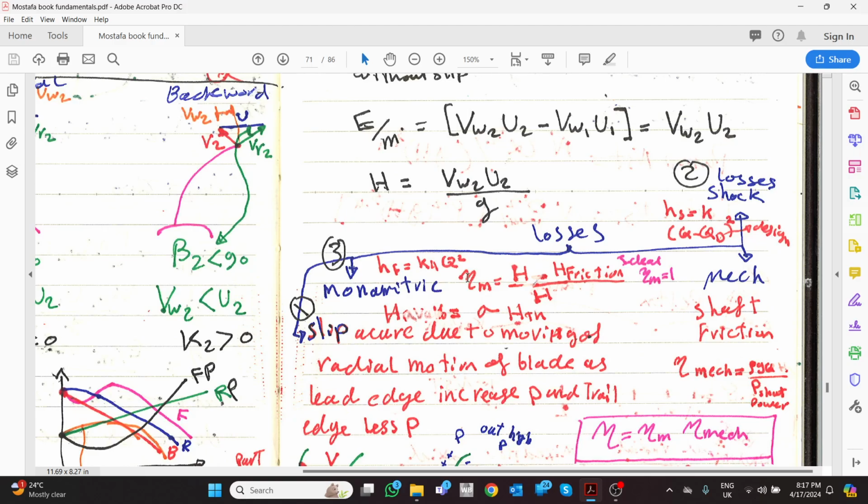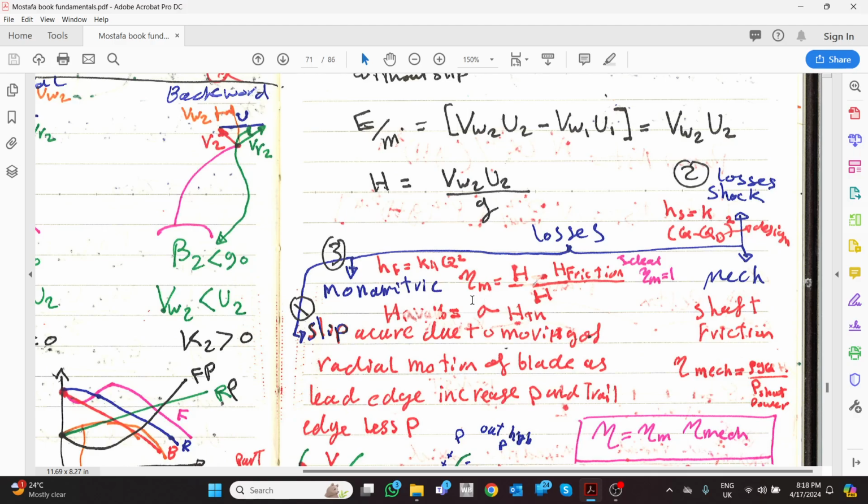Okay, so its definition is: H available, or what we are getting theoretically, minus the friction, divided by what we are getting theoretically, and this is ideal. So ideal is eta manometric equal to 1, and the available head is equal to sigma, or slip factor, multiplied by the H theoretical.